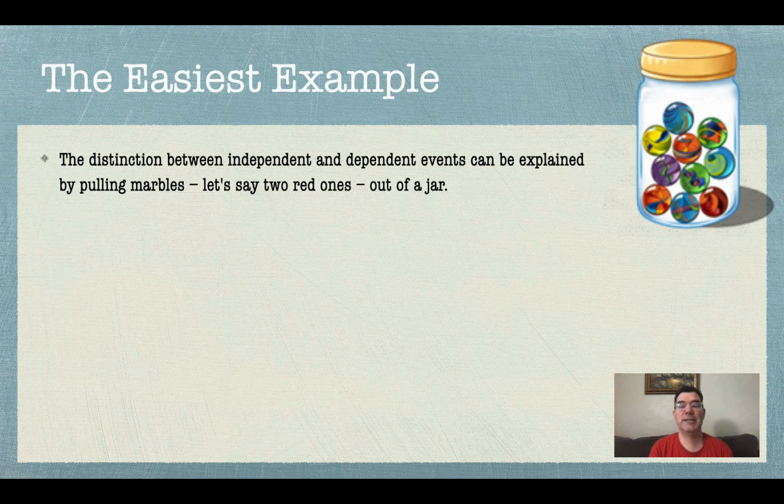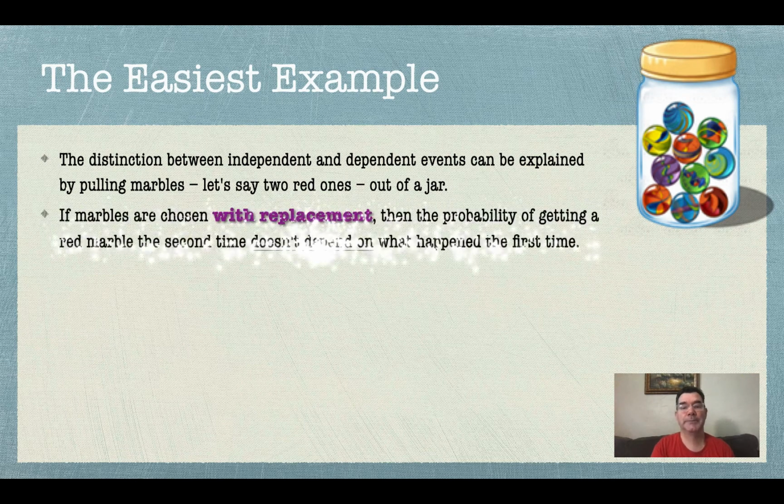All right, so here's an example. This is the way that I tend to talk about what it means to be independent versus dependent. So let's say that I have a jar of marbles and let's say that two of them are red. If I choose marbles and I am finding out the probability of choosing a certain color of marble, I can do that two ways.